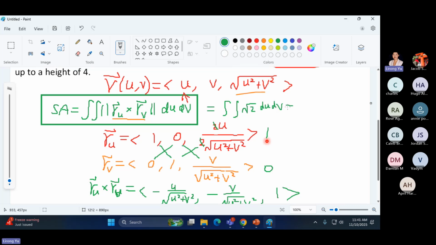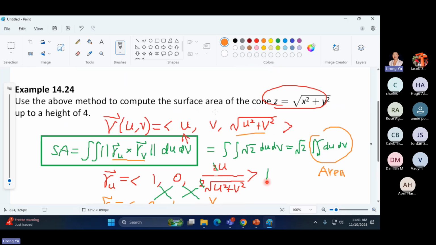So it's interesting that the root part is a constant number. You bring the root 2 outside, and it's a simple area calculation. So we are calculating a double integral of du dv. It's an area calculation, hopefully not a hard area. Here, it's up to a height of 4.